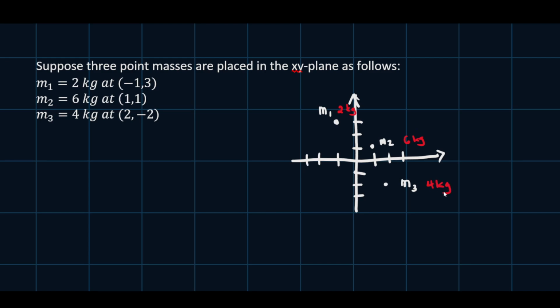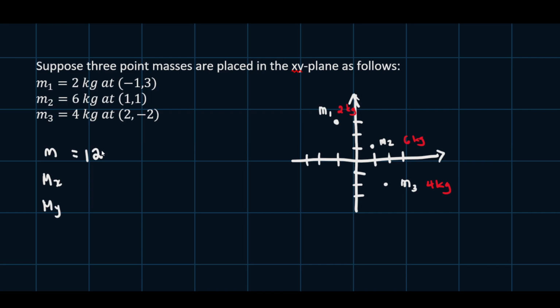So if we want to find the center of mass of this system, we need to find the total mass, the moment about the x-axis, and the moment about the y-axis. Okay, so for the total mass, madali lang, kunin lang natin yung sum ng lahat ng mass. So this will give us 12.